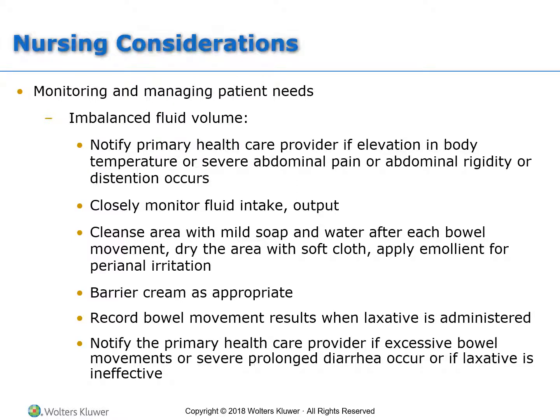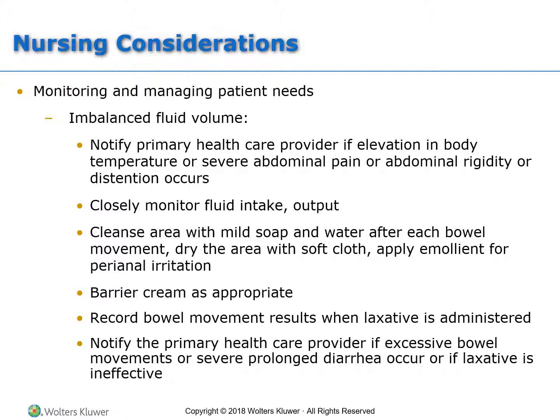If somebody does suffer from imbalanced fluid volume, make sure that you notify the primary health care provider. If they run a fever or have any severe abdominal pain, you want to make sure that they don't have one of those infections we talked about, like C. diff. If they have any abdominal rigidity, it could be a sign of an appendicitis, of a rupture. Monitor fluid intake very closely, as well as output.